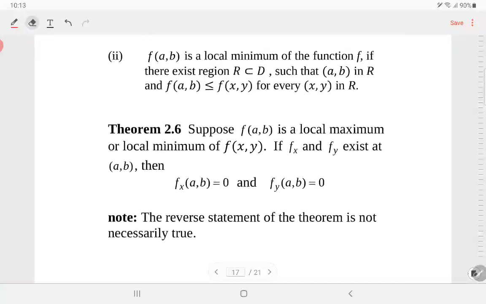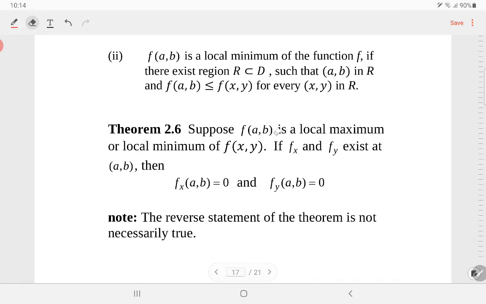Now let's look at theorem 2.6. Suppose f(a, b) is either a local maximum or a local minimum, and the partial derivatives of f exist at point (a, b). Then partial f partial x at (a, b) is 0, and partial f partial y at (a, b) is also 0.